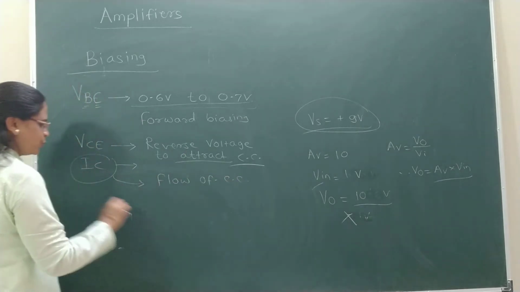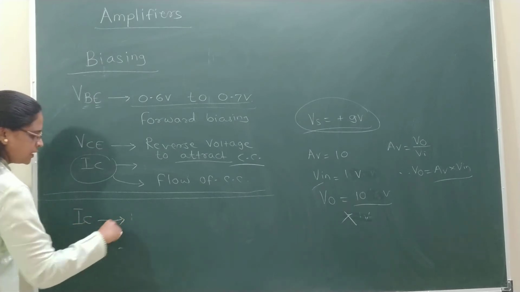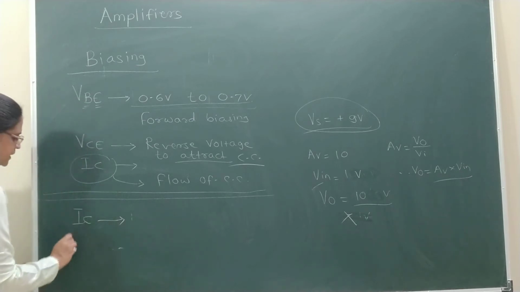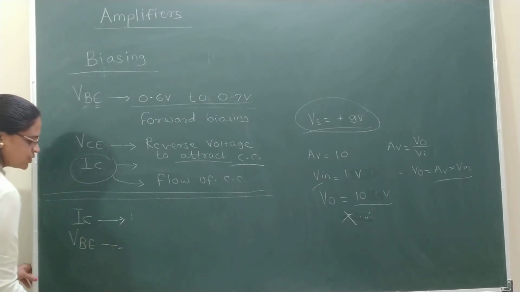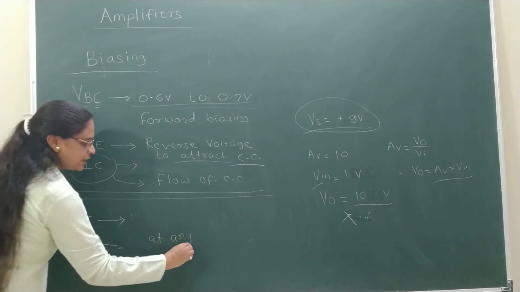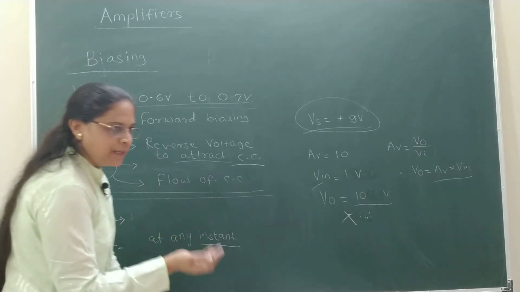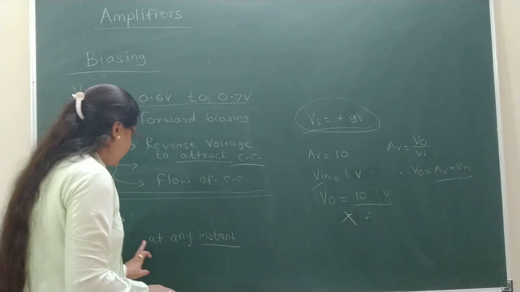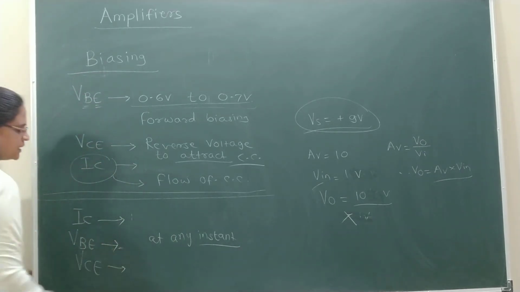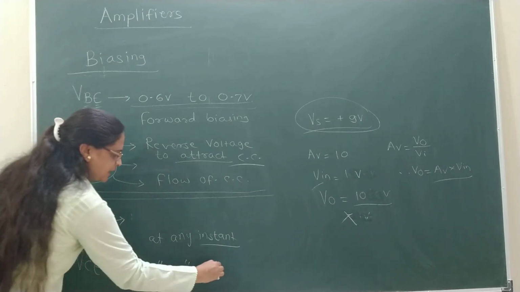So in this way, to always provide the initial collector current, that is the zero signal collector current, or VBE, the proper zero signal base emitter voltage at any instant. Any instant means whether the input signal is applied to it or not. Always make available the VBE, and the VCE, that is the reverse biasing part, which will keep on attracting the charge carriers again at any instant.